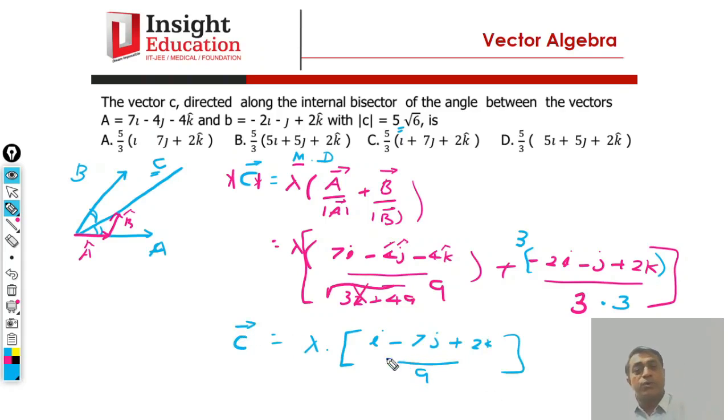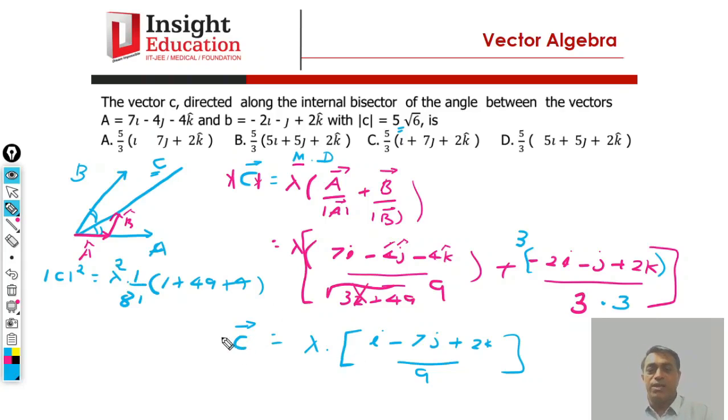Now the mode of C is given, 5 root 6. So mode of C square is equal to lambda square into 1 upon 81 into 1 plus 49 plus 4.